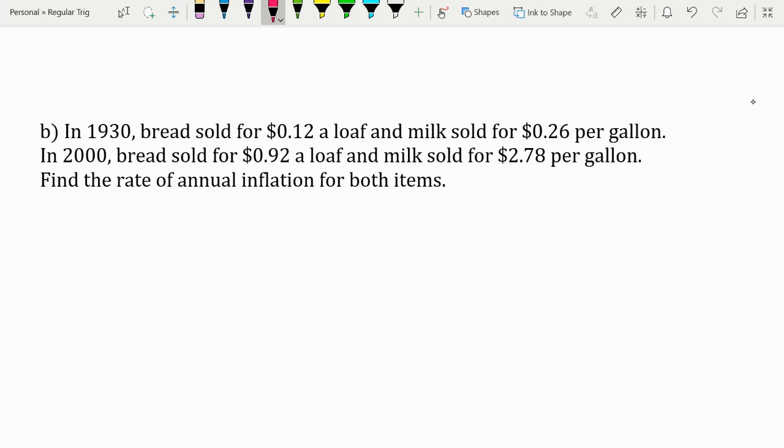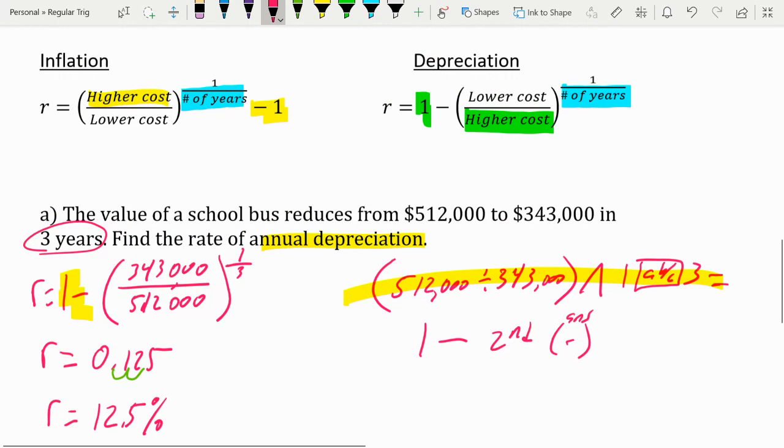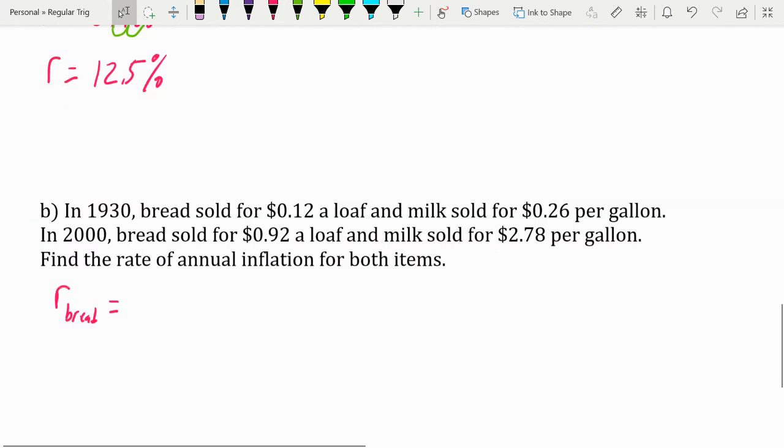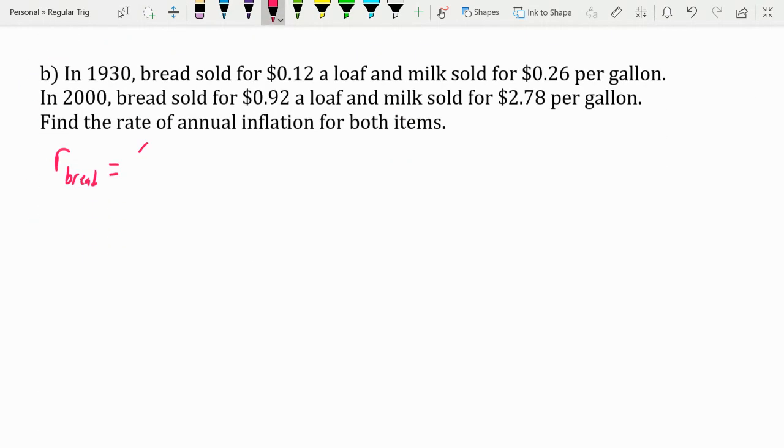All right. So for the first one, let's do the rate for the bread. Since this is inflation, hopefully I don't screw this up. Inflation, all right, higher cost up on top. So the higher cost for bread, 92 cents, the lower cost 12 cents. These are both for loaves of bread.